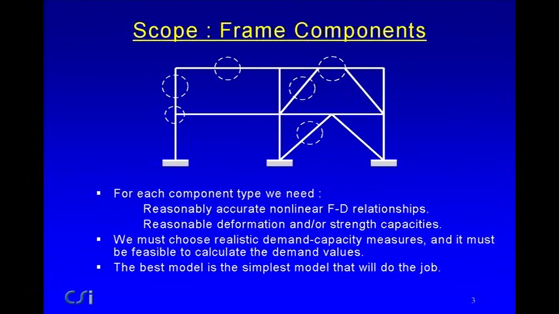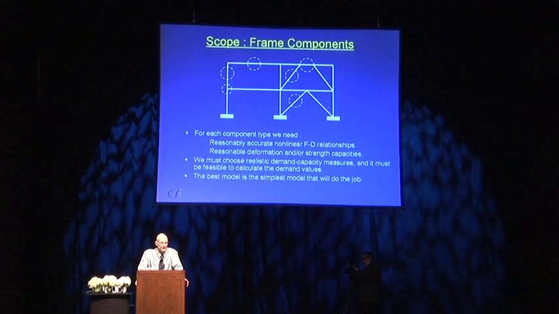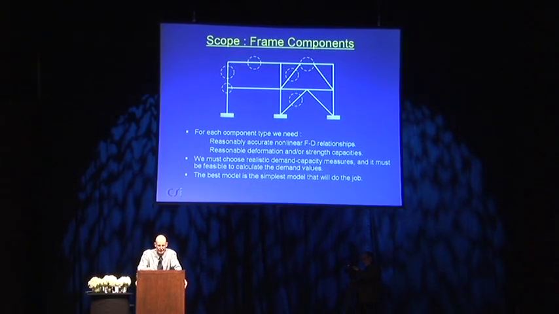And correspondingly, when we're calculating displacements for the structure, we'd like those displacements to be reasonably accurate, if only, for example, so that P delta effects are calculated correctly. And so we'd like the stiffnesses to be reasonably accurate also.